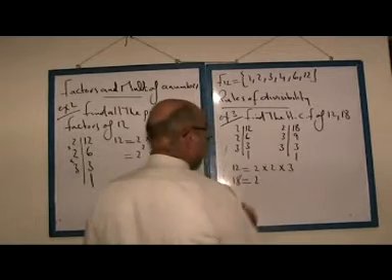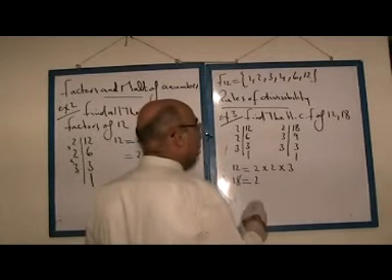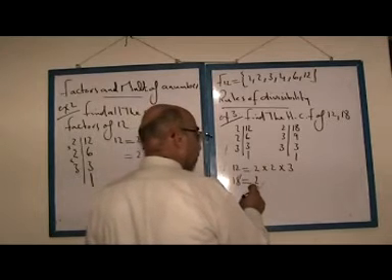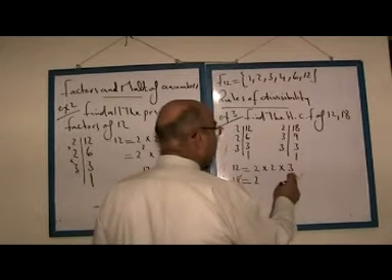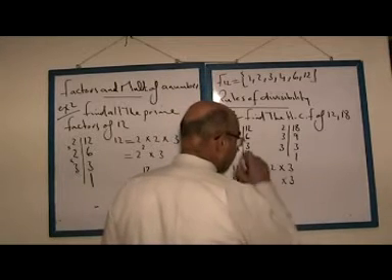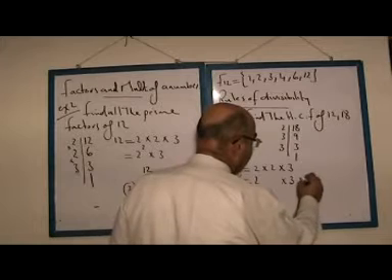And the only thing I have to be careful about, when I write the numbers, I have to put them under each other. Like 2, I put 2 underneath. But when I come to 3, I have to put it under the other 3. So what about the other 3? Where should I put it? There is no other 3, so I put it by itself like that.